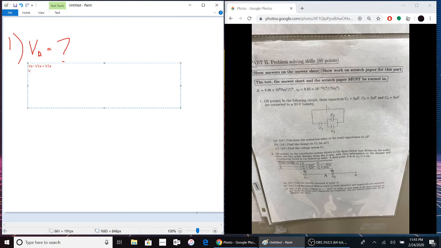But V1A is going to be equal to KQ1 over XA minus X1.